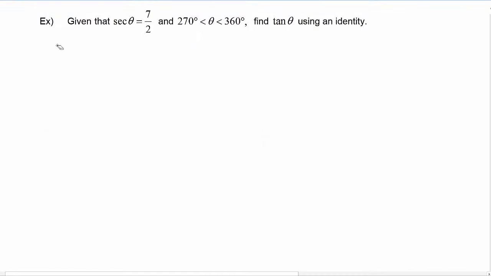Now, in this example, we're given that secant of theta is 7 over 2, and that theta lives between 270 degrees and 360 degrees, which we know means theta is in quadrant 4.